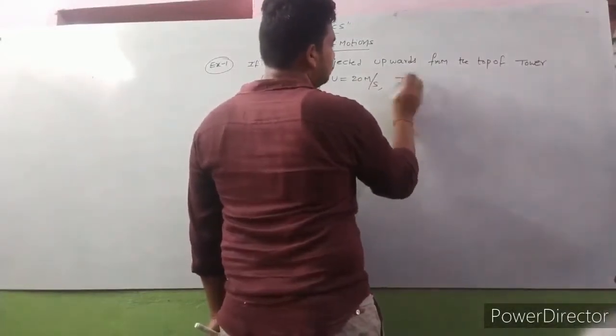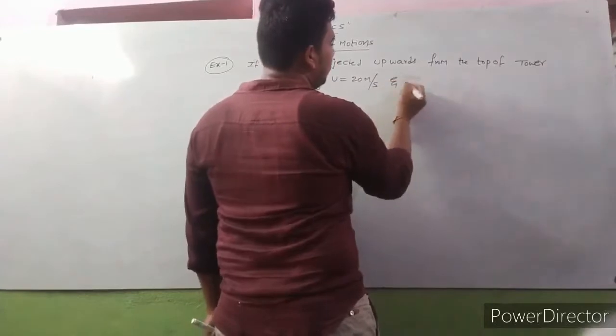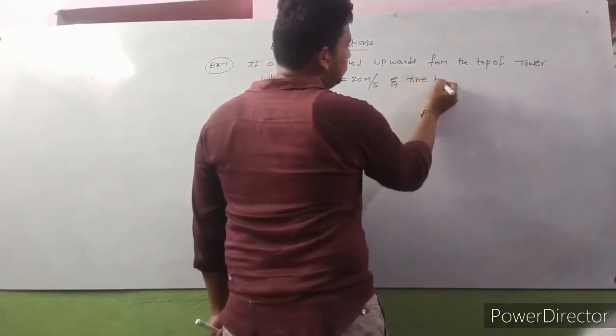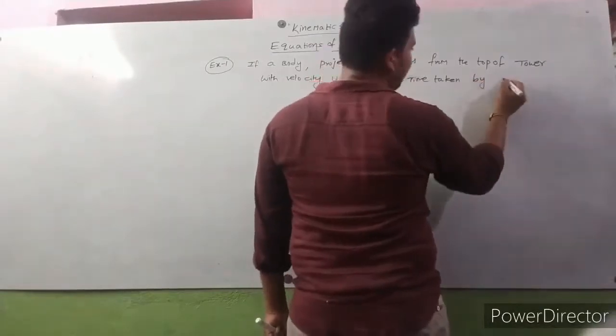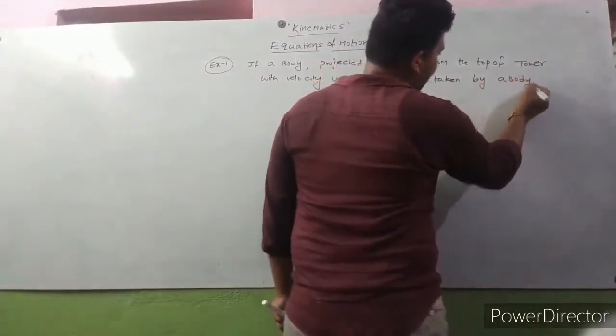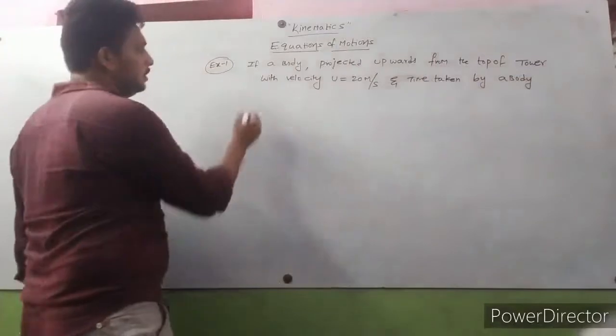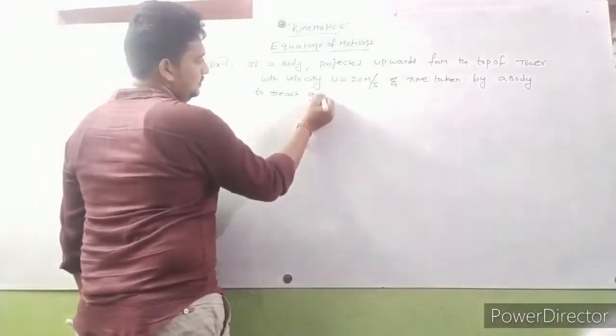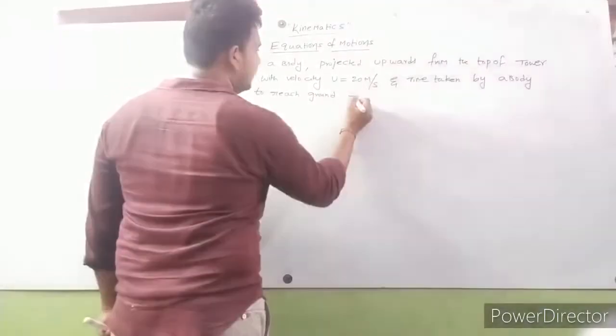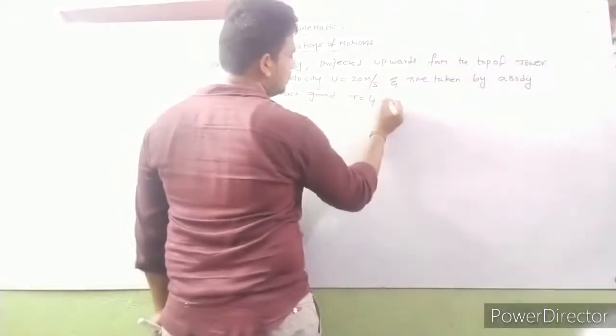Time taken by the body to reach the ground, t is equal to 4 seconds.